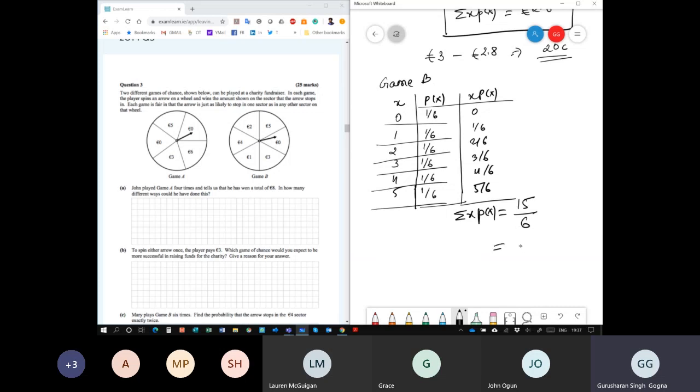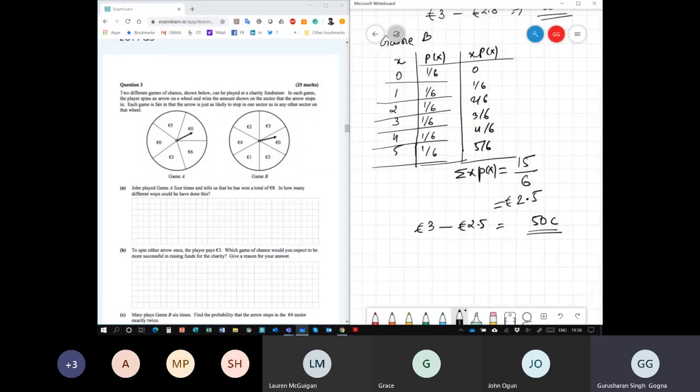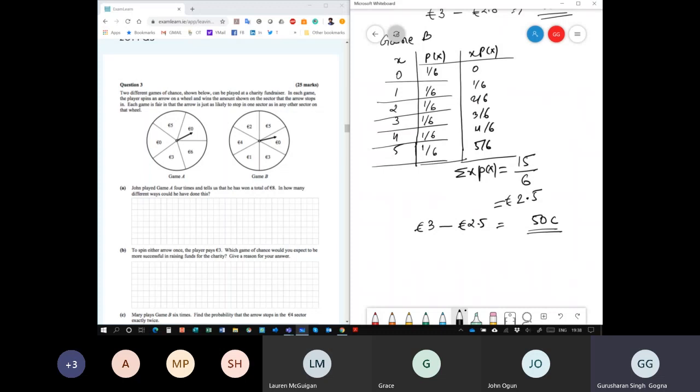Now what is 15 over 6? So 6 into 15, 2.5 euro. So this difference is 50 cents, isn't it? So it means 50 cents is the difference between what you expected to get and what they're paying, isn't it?